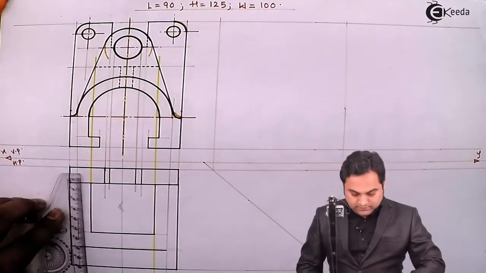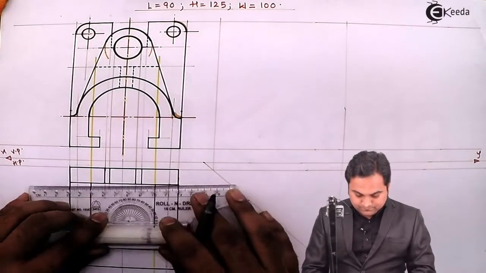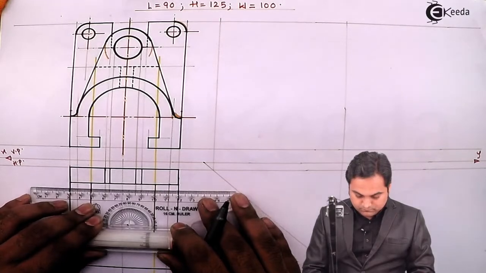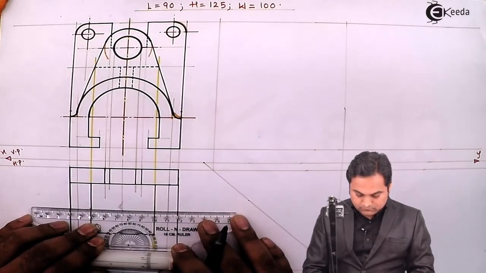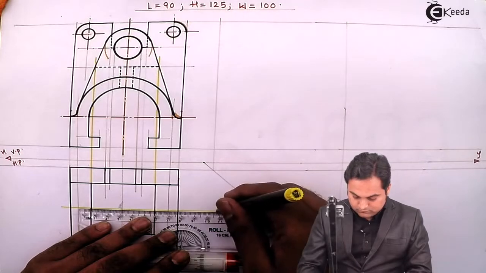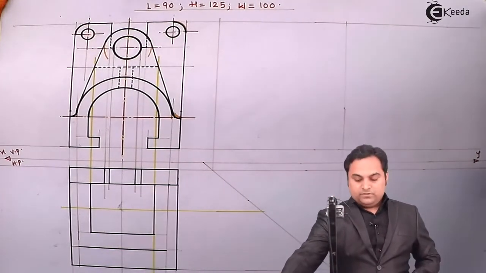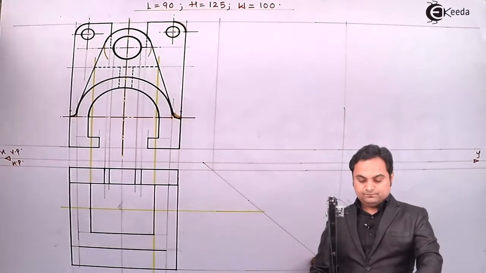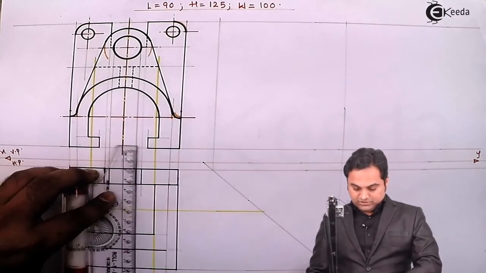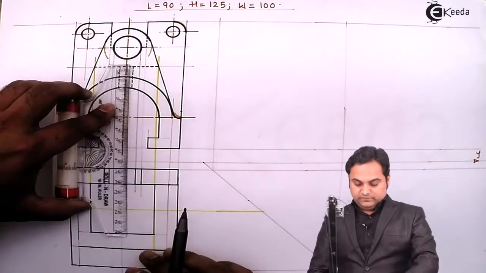So here I'll take the width as 25 mm, and then projecting the radius of the circle, which is here. The radius is 5 mm.